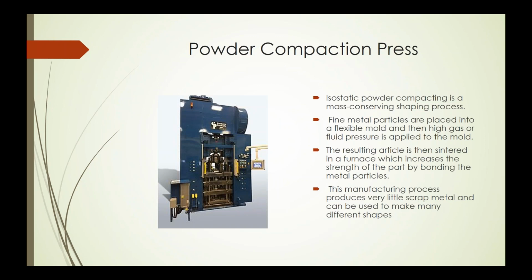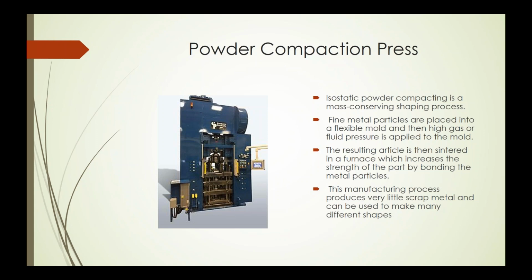Powder compaction press is shown here, or a typical one. Obviously, there are newer ones, and ones that you may see at various companies are probably different. I just got this off the internet. The isostatic powder compacting is a mass-conserving shape process.